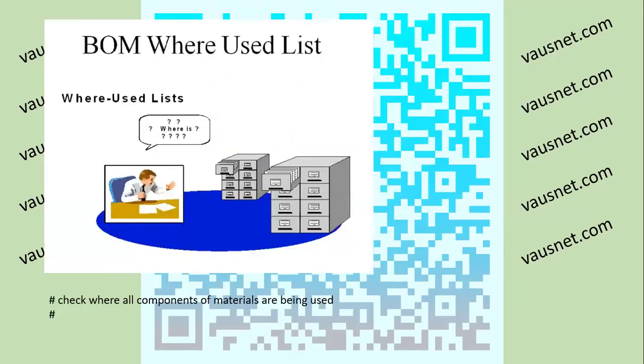Where-used list, this is where it gets a little bit interesting, because your material can be sourced and used at various places. Those places can be areas, plants, sourcing and subcontracting. So a BOM can be used at various other plants and places.